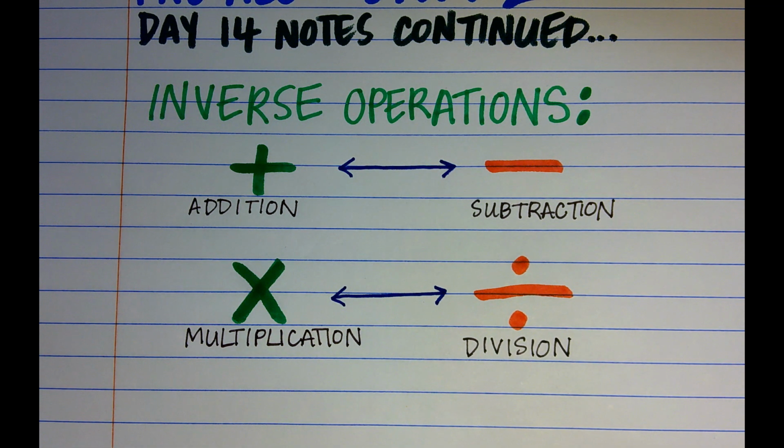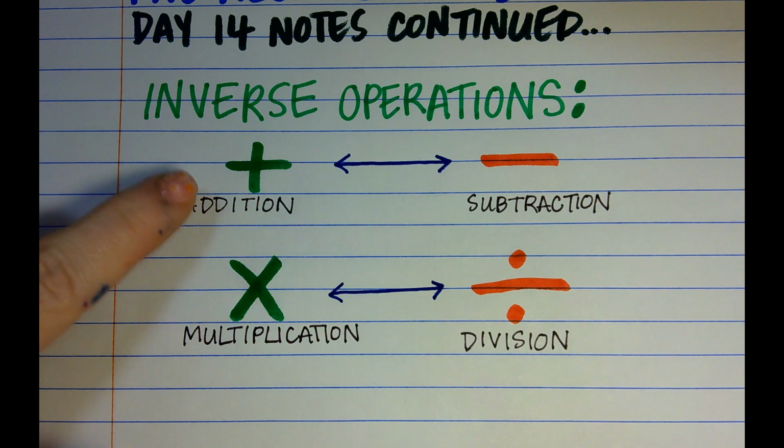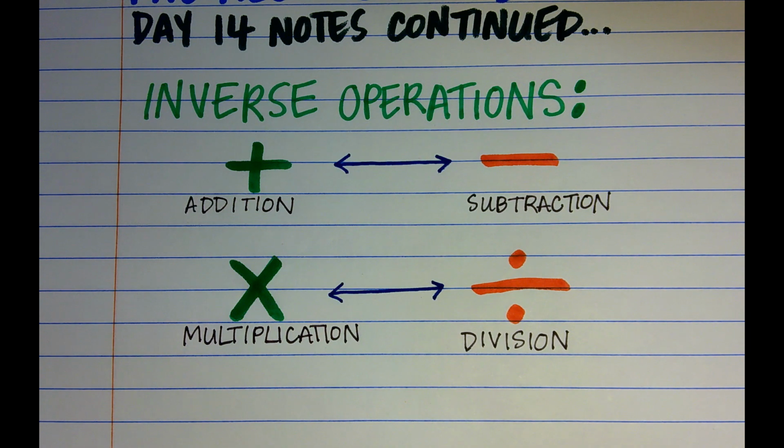Very good, guys. What inverse operations help us with when we're solving equations is they tell us what to do to get rid of numbers so that we can get our variable, or our letter, by itself. If I have plus a number, to get rid of it, we do minus a number.